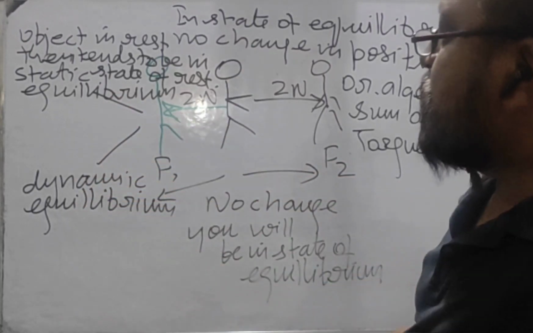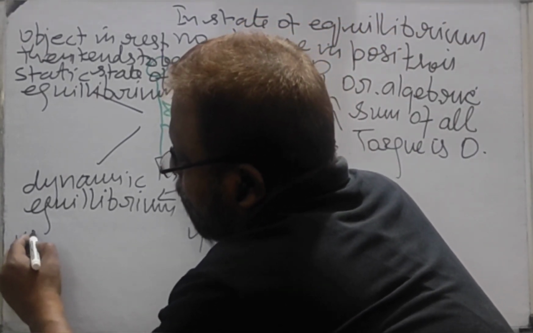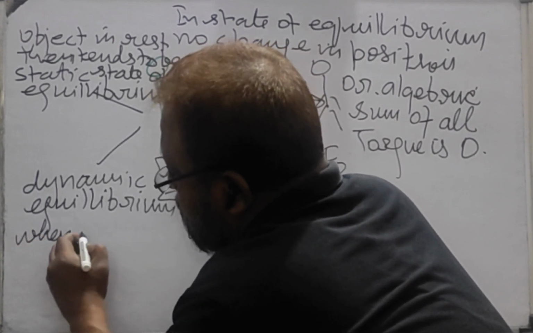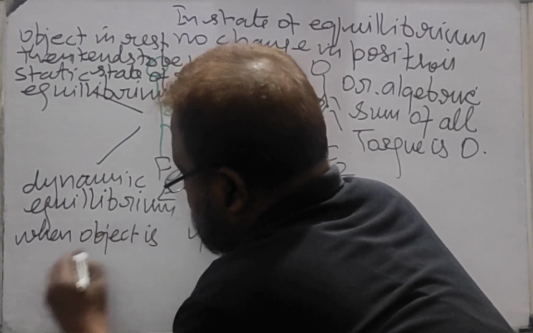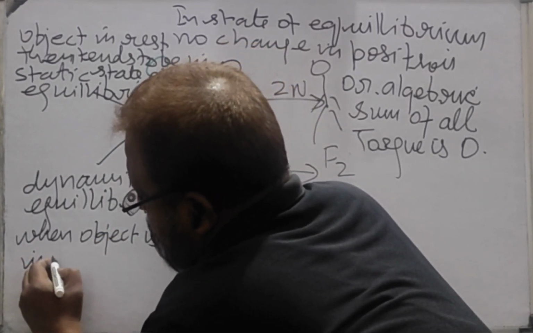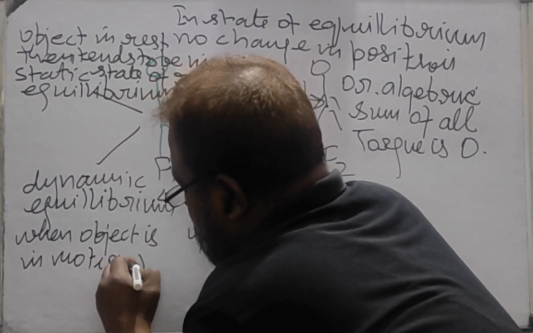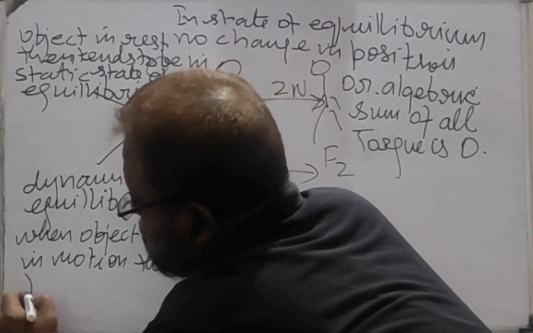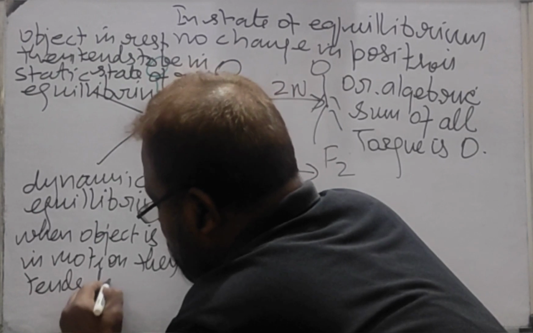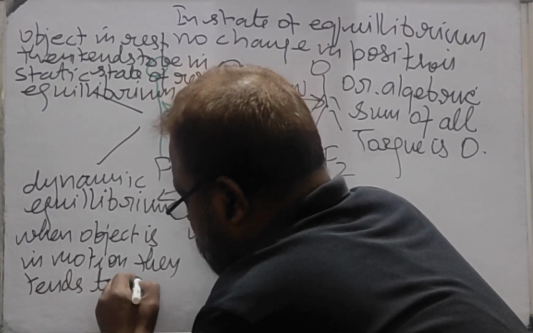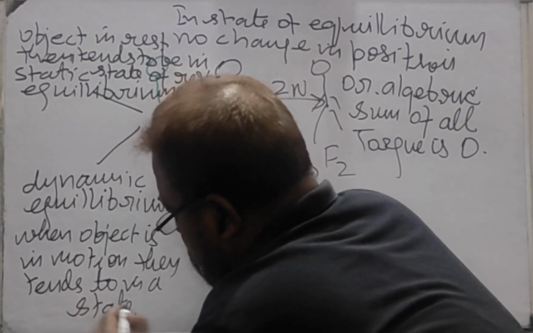And dynamic equilibrium is when an object is in motion, then it tends to be in a state of motion.